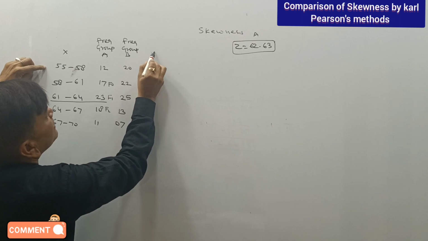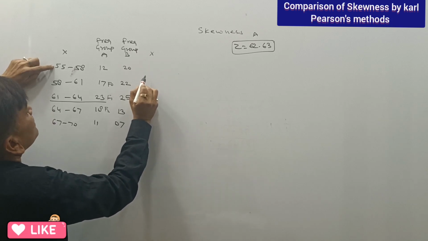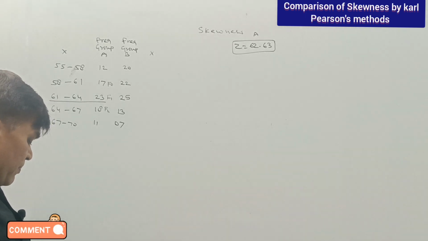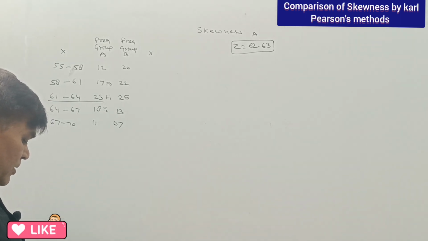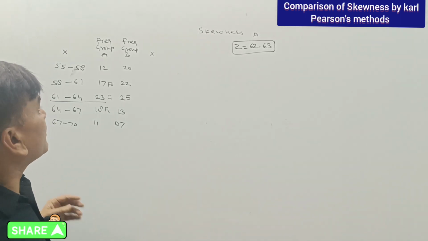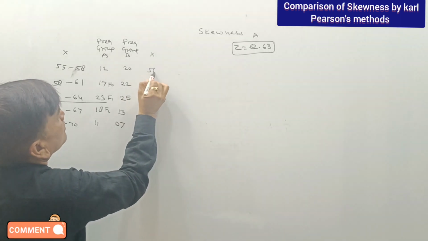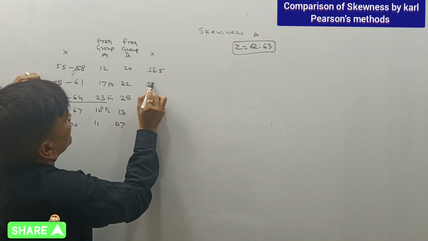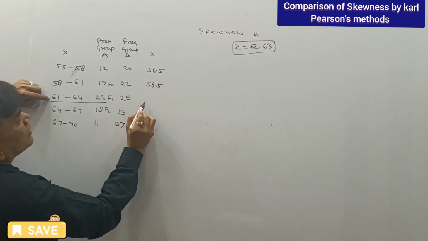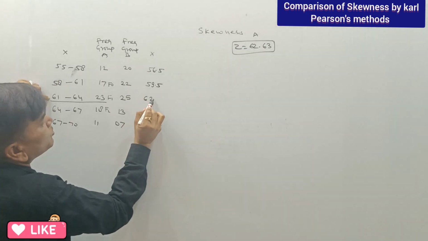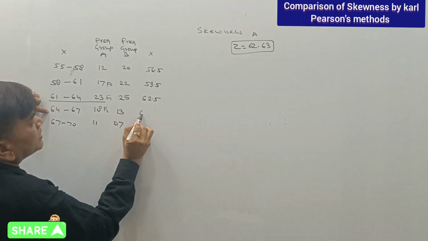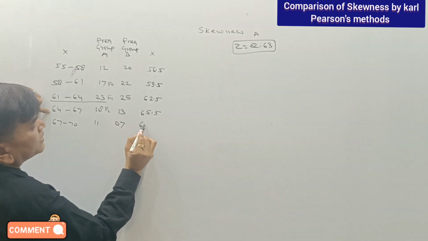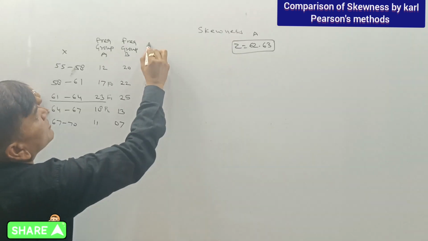For getting the mid values, (55 plus 58) divided by 2 is 56.5, then 59.5, 62.5, 65.5, and 68.5. These are the mid values.